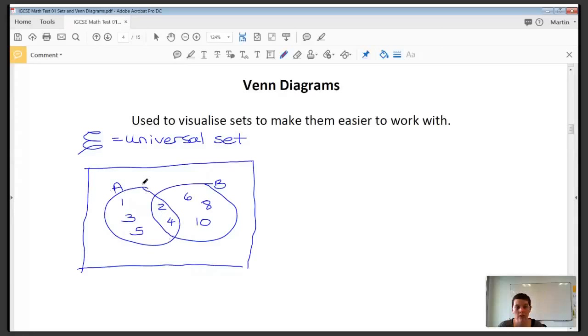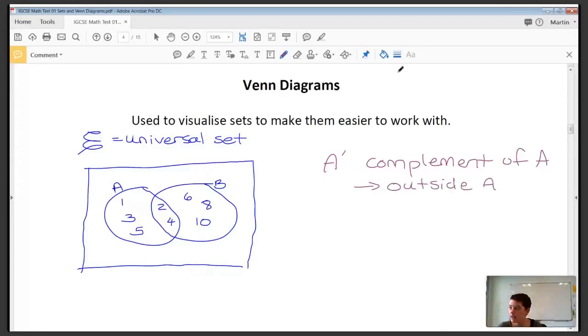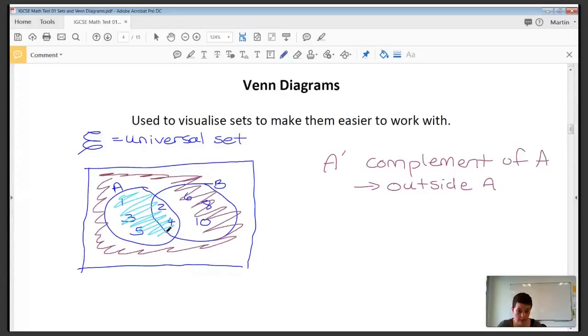So the other thing we like to know about is A prime, which is the complement of A. And this just means what is outside A. So A is our inside, everything in this circle, whereas the complement of A is everything inside our universal set that isn't in A.